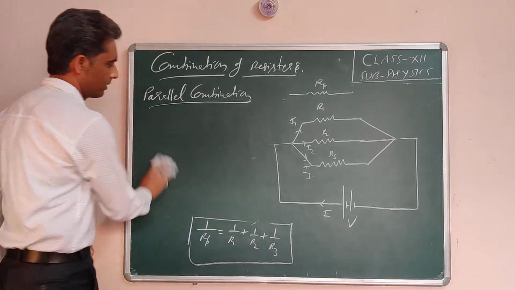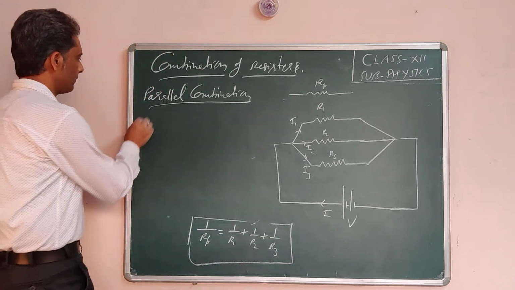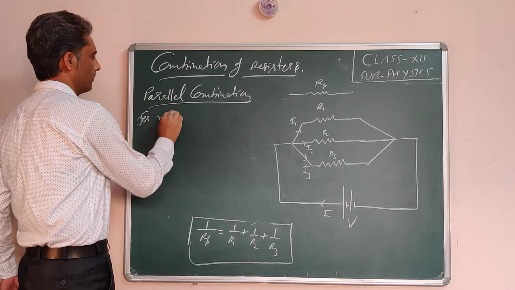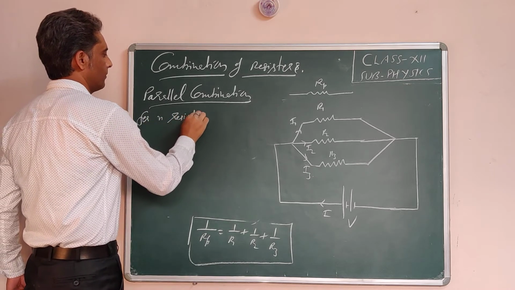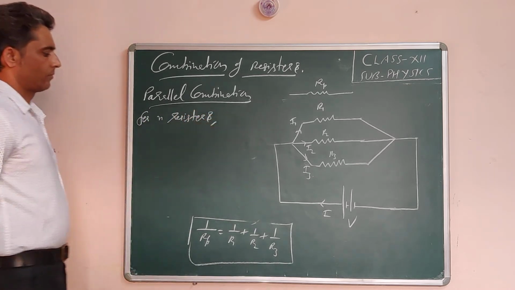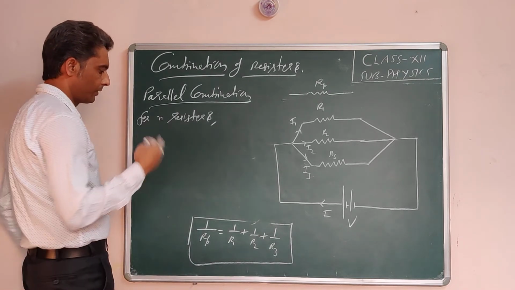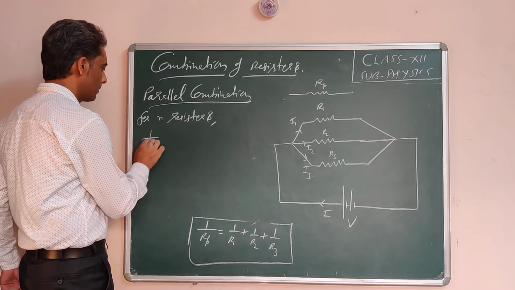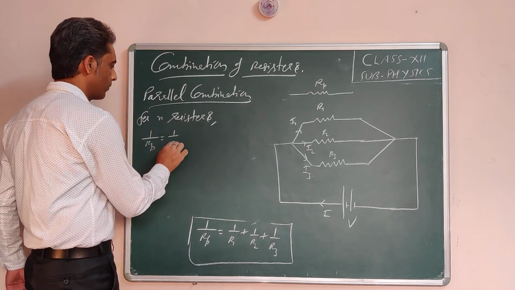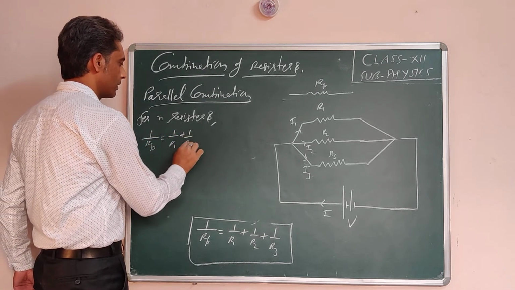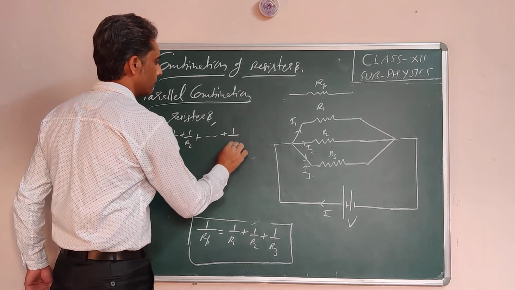For n resistors, if Rp is the equivalent resistance, we can write 1 over Rp equals 1 over R1 plus 1 over R2 plus so on up to 1 over Rn.